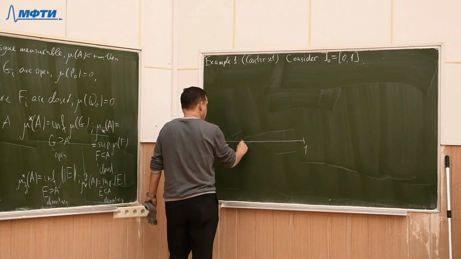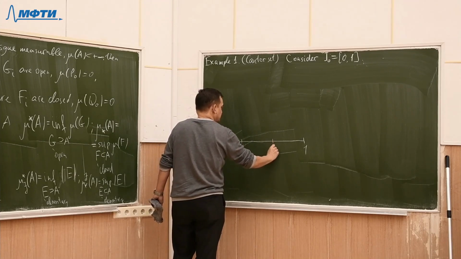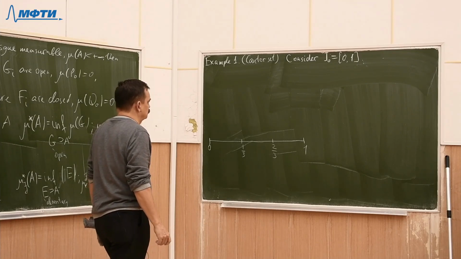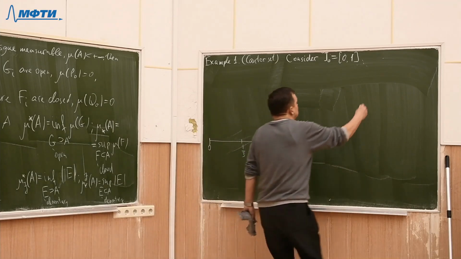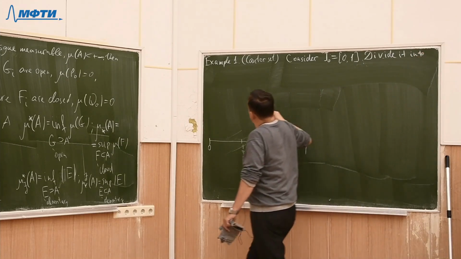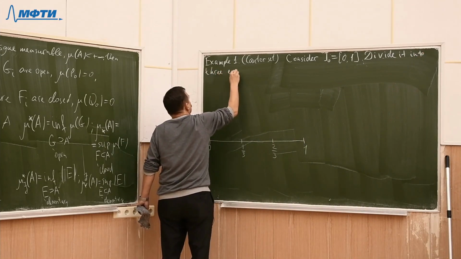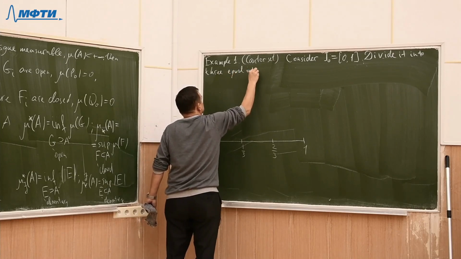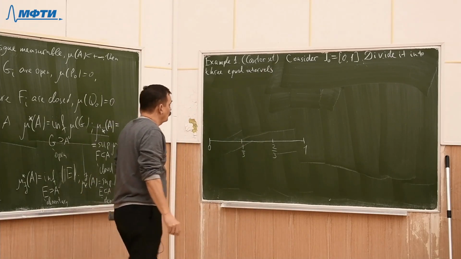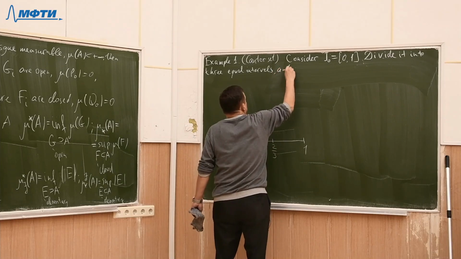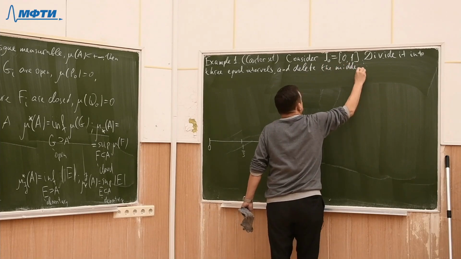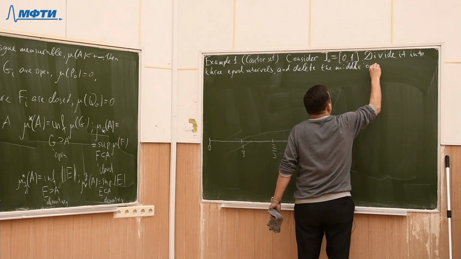Let us divide it into 3 equal intervals, and delete the middle open interval.